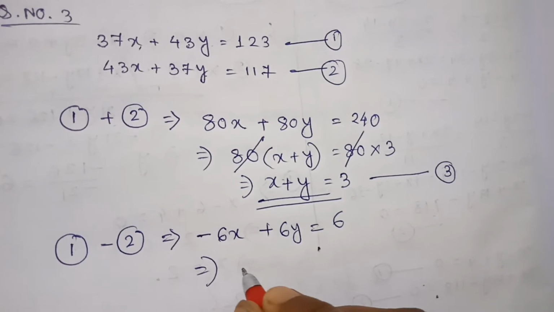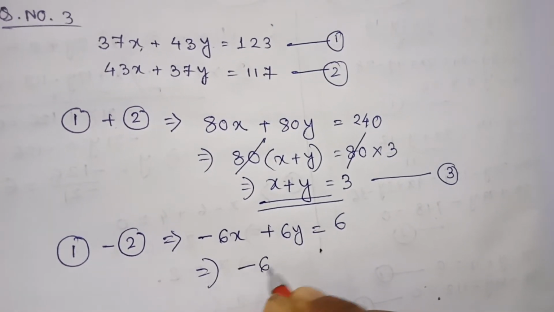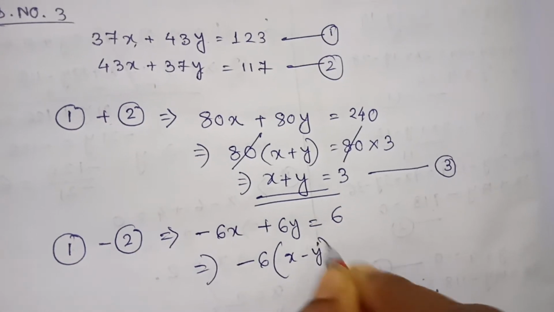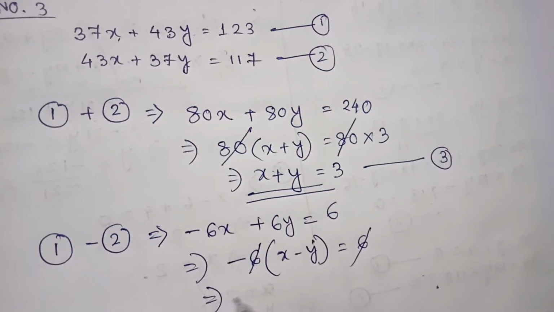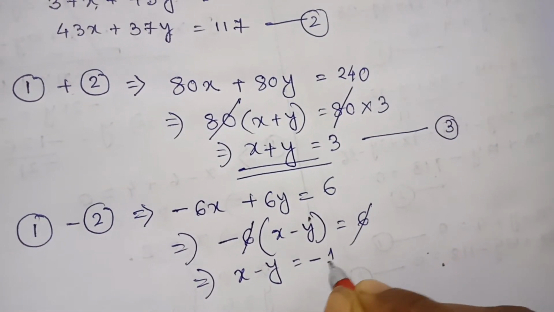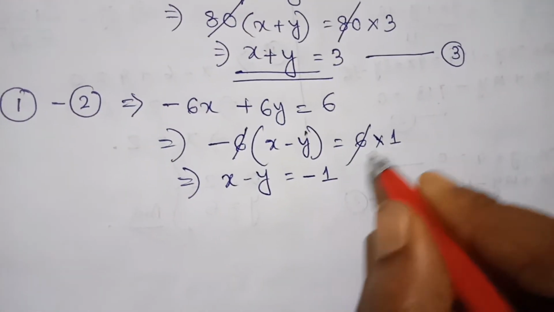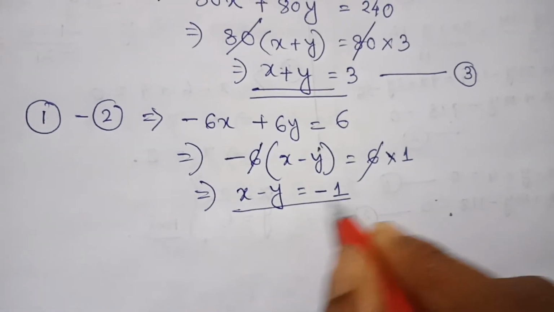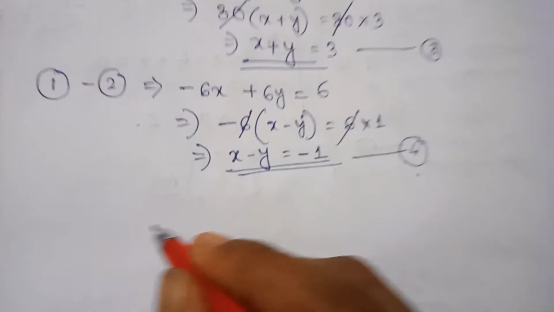So we are taking 6 common or minus 6 common, then it will be x minus y equals 6. On both sides 6 can be cancelled out, so x minus y equals minus 1, because 6 means 6 into 1. So this is also a very simple equation. I'm giving it the name number 4.